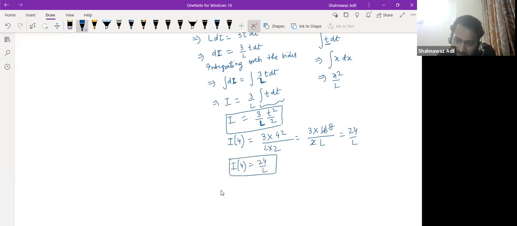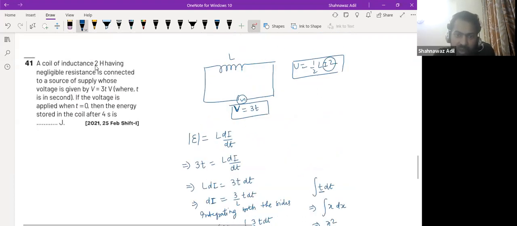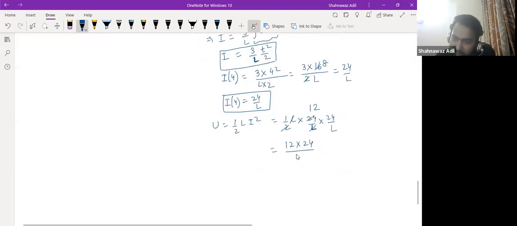And we know the energy is half L i squared. This would be half L, with i as 24 by L and 24 by L. So one L will cancel, and this would be 12 into 24 by L. L was 2 Henry, so this is 12 into 12.